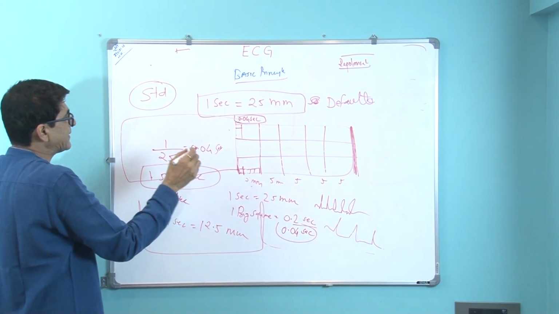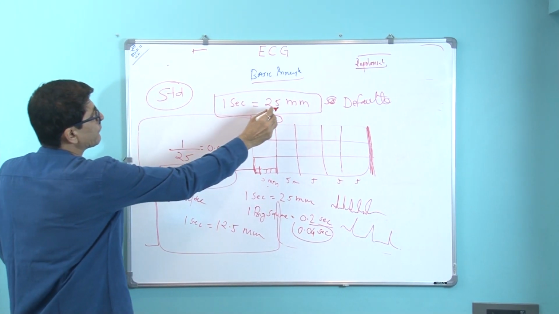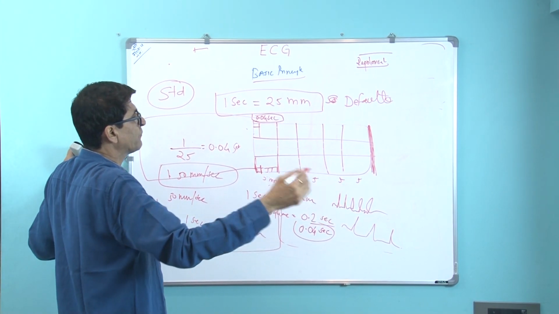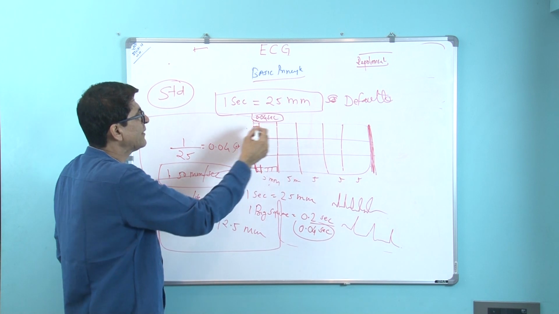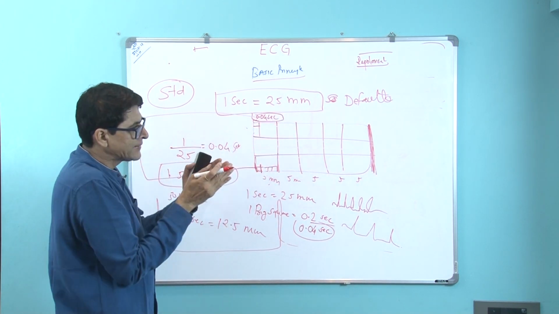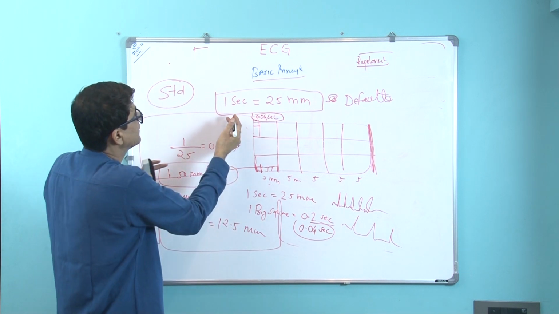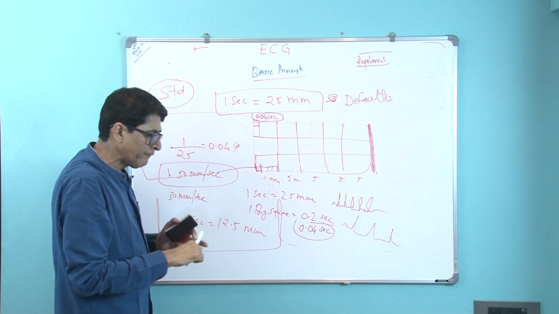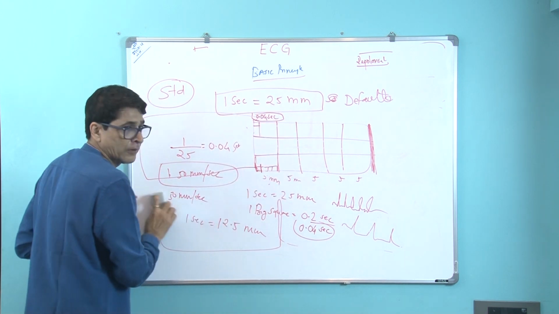So there are 3 settings. Default setting is 1 second 25 millimeter. If there is a very high heart rate, you can increase to 1 second equal to 50 millimeter. When the heart rate is very slow, you can record manually 1 second equal to 12.5 millimeter.